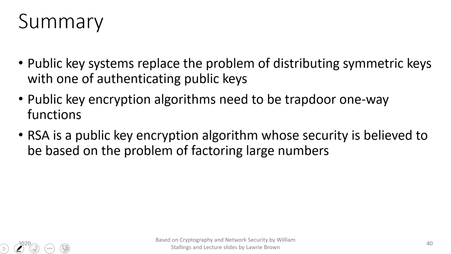They are essentially complex mathematical functions that are easy to compute in one direction of the operation, but much more difficult to compute in the inverse of the same operation. And the RSA public key encryption algorithm is one of the most widely used encryption algorithms, and it is still being used as one of the common encryption standards.